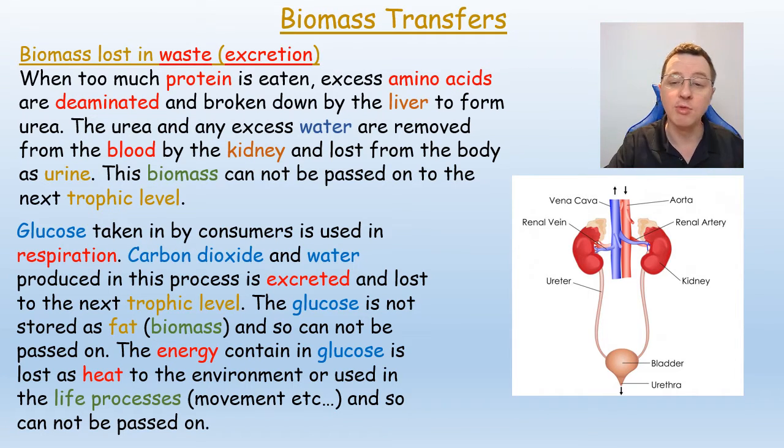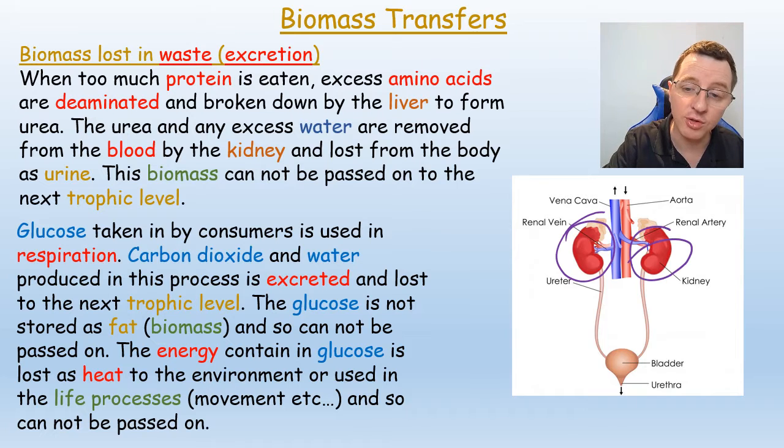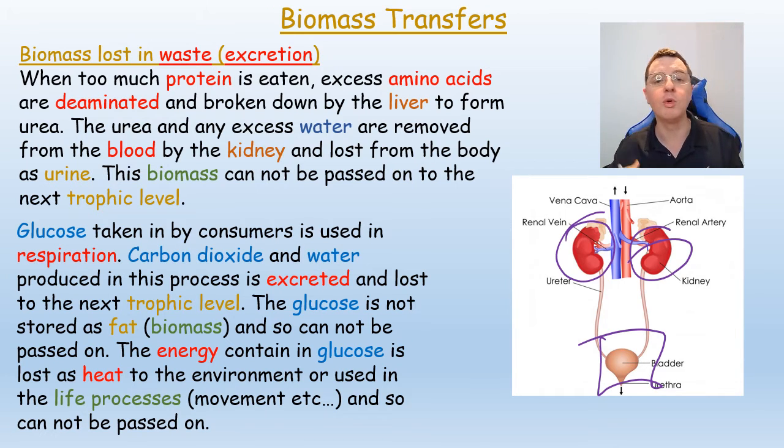The urea is then removed by the kidneys and stored in the bladder along with some excess water as urine, and then that is excreted whenever you go to the toilet. Again, this urea is a biological molecule that cannot be passed on to the next trophic level, therefore the biomass contained cannot be passed on.